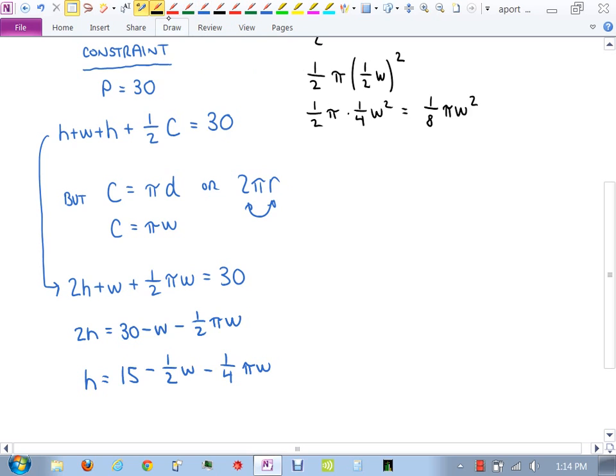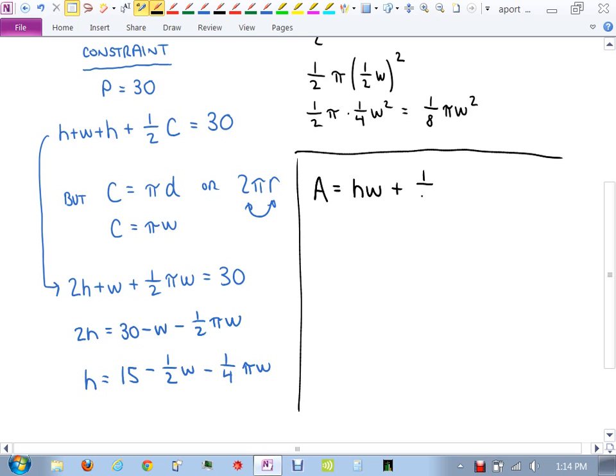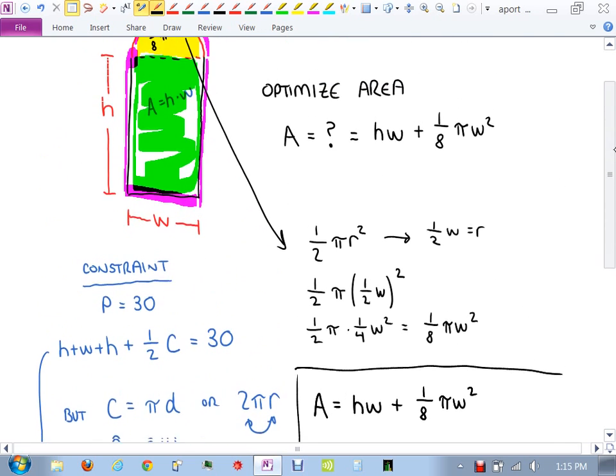And now I'll go back to my objective function. My objective function was area equal to HW plus, what was it, 1/8 pi W squared. Was that what it was? Yeah.